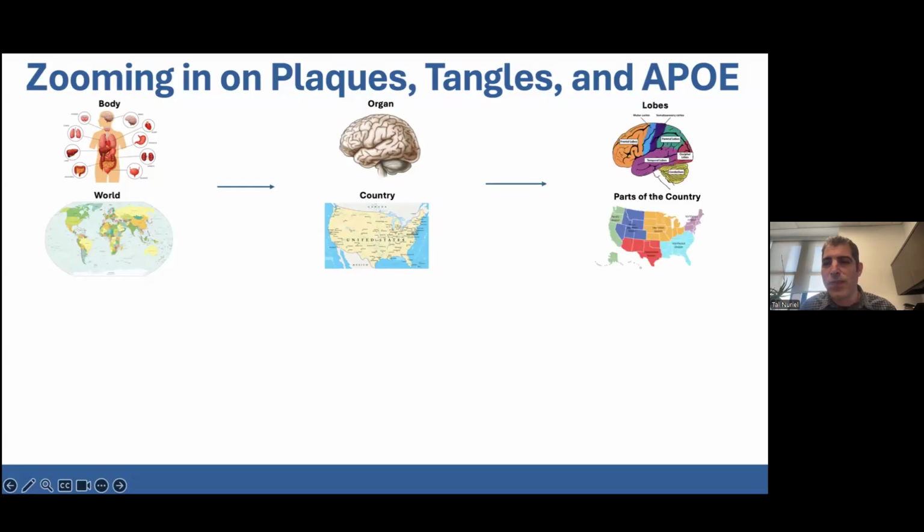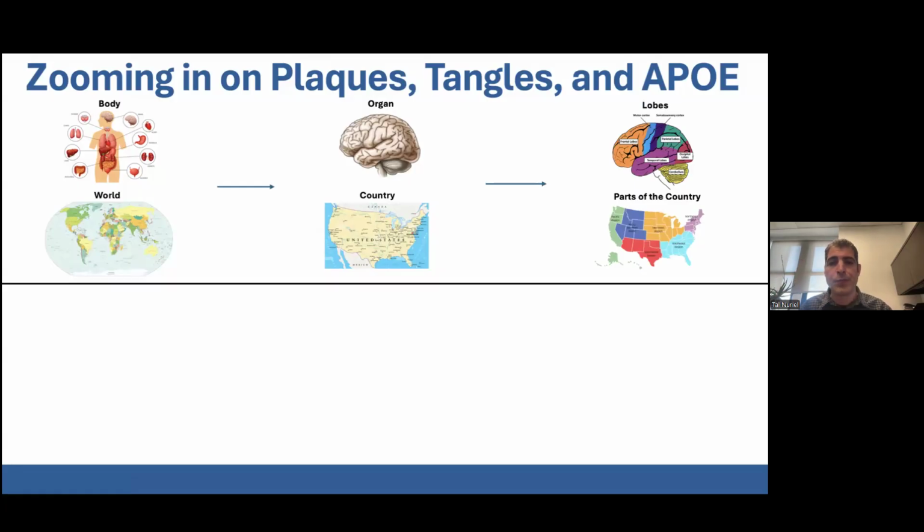Then you have different regions of the United States that are important for different things: agriculture, technology, industry, oil. Same thing in the brain. You have different lobes that are responsible for different functions: frontal lobe, temporal lobe, occipital lobe, where vision goes on.